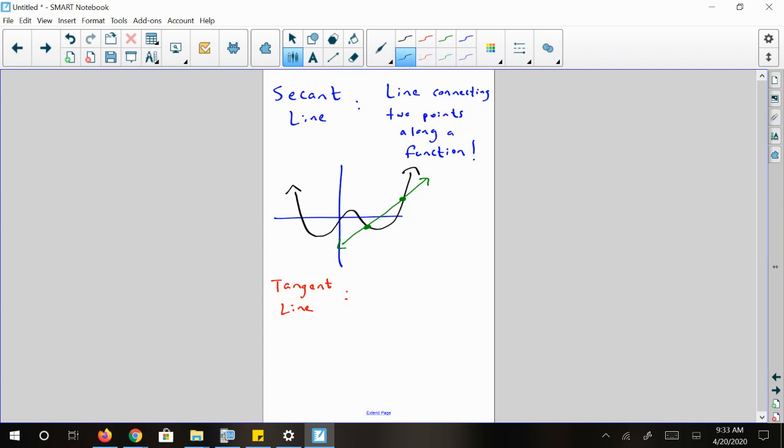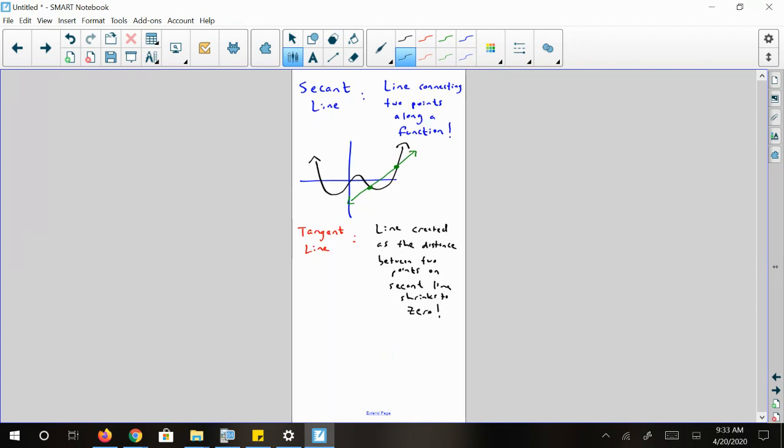It's the line created as the distance between 2 points on the secant line shrinks to 0. It's actually much easier to show this visually than it is to define it with a definition like I just did. So let me show you here.